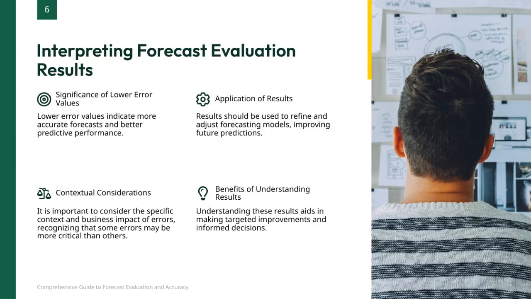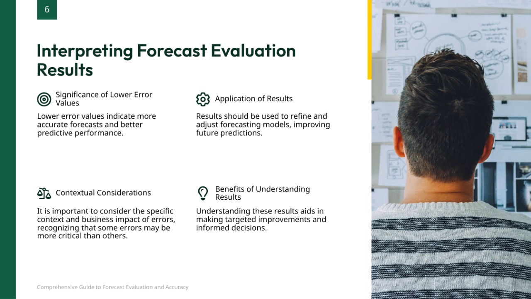When we talk about interpreting forecast evaluation results, the first thing to keep in mind is that lower error values are a good sign. They mean our forecasts are more accurate and our predictive models are performing well. But it's not just about the numbers. These results serve a practical purpose. We use them to fine-tune our forecasting models, making adjustments that lead to better predictions down the line.